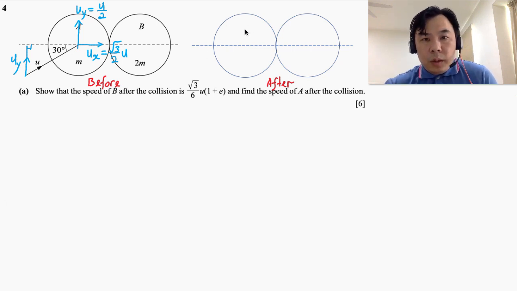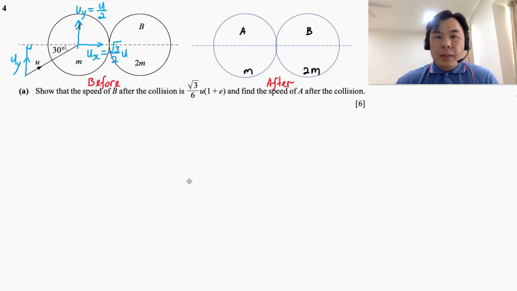Okay, as usual, I'm going to label this as A, this is B, and it has a mass of 2m, as a reminder. Okay, so what would be the velocity component for A after collision? Now this is a rule of thumb when it involves oblique collision.